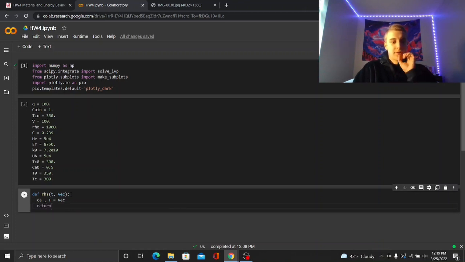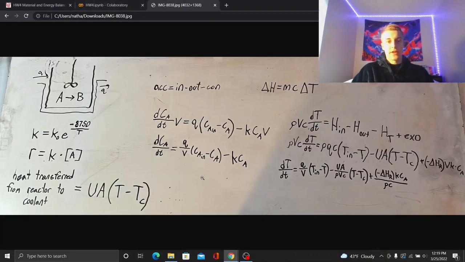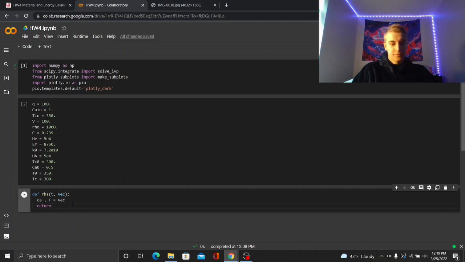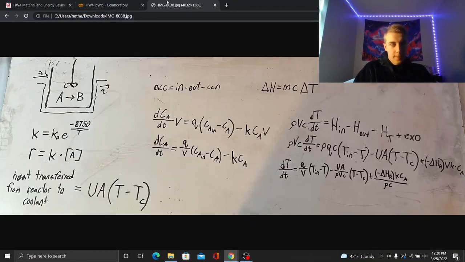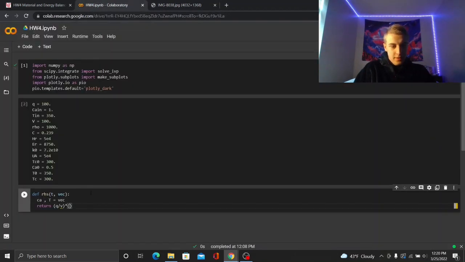And then what we will be returning is the right-hand side of these equations. So I'm going to type those in. Q over V times Cn minus Cn.